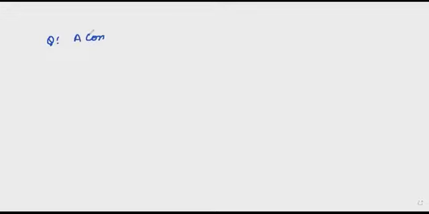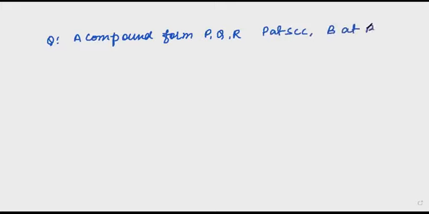A compound formed by P, Q, R. P at SCC, Q at BCC, and R at face center.